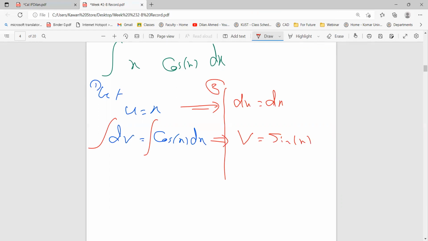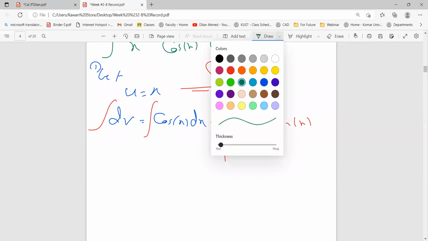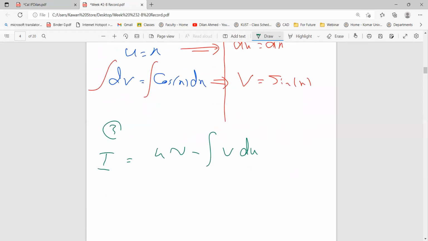Understood? The third step, we say our I is equal to uv minus v du. Am I right? Okay, uv minus v du.